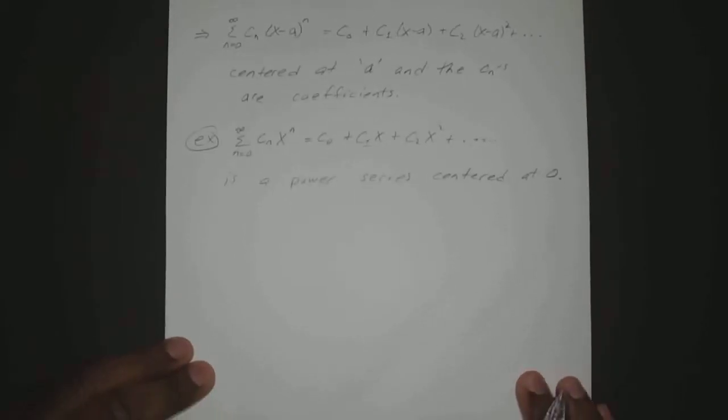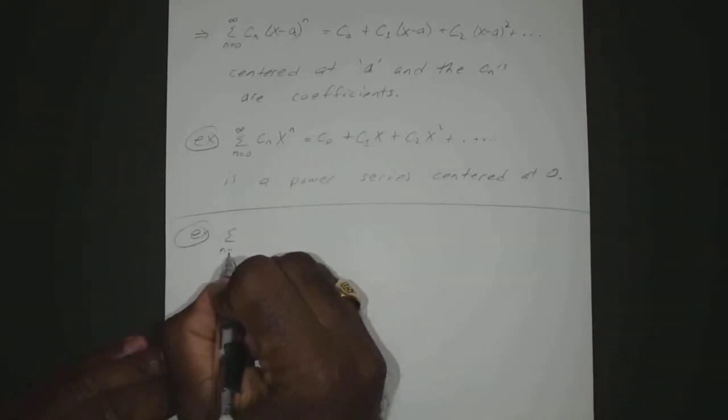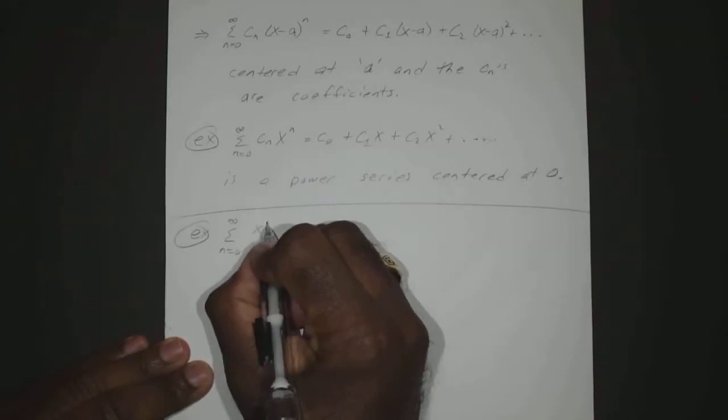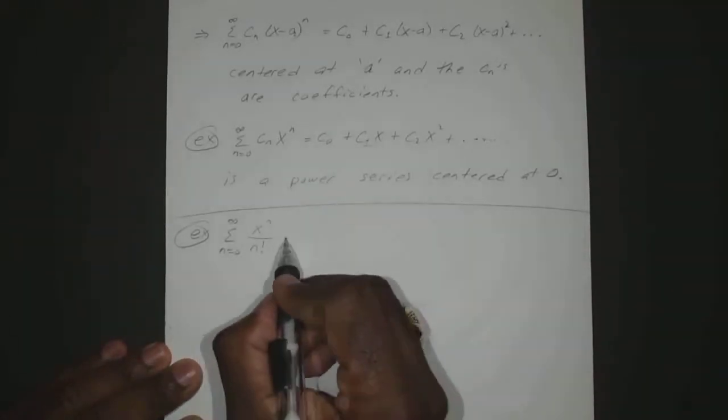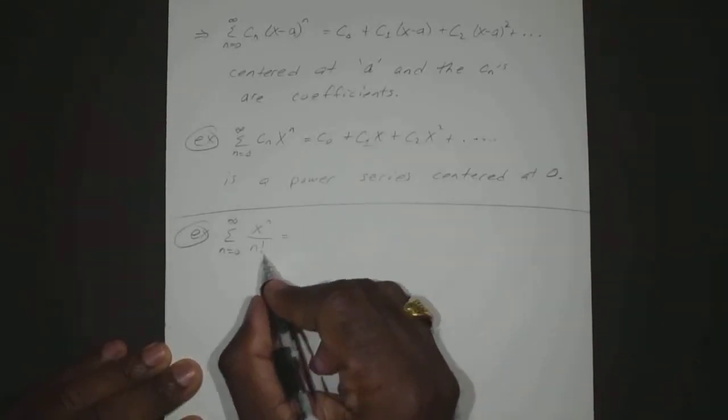Okay, so let's say we had the example of the sum from n equals 0 to infinity of x to the nth power over n factorial. Plug in 0, you get 1. X to the 0 power over 0 factorial is just 1.